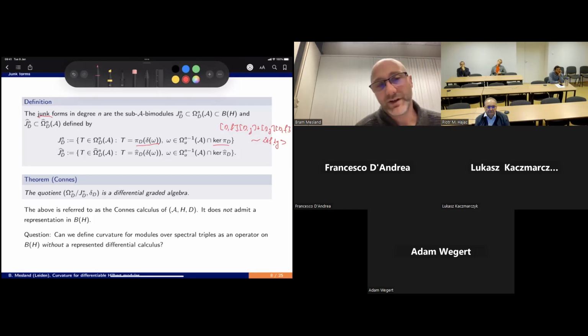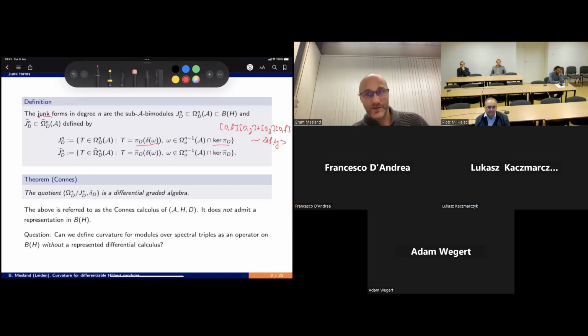So you can define this junk, and it is in that sense algebraically nice that they define bimodules. So the junk modules, as I've written here, either with or without a hat, they are bimodules. And so Connes proposed to quotient them out, and if you do that, you get a differential graded algebra.